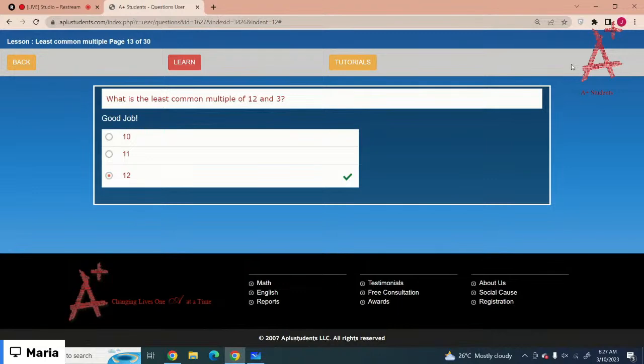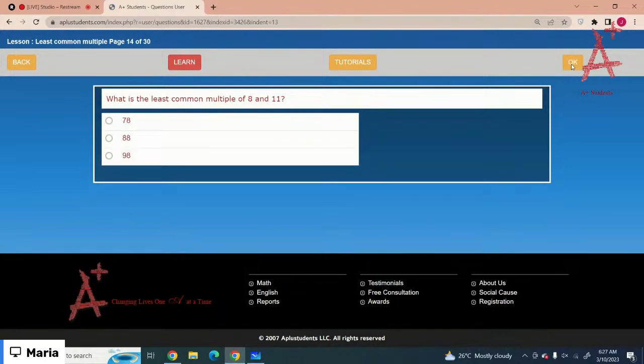Very good. What is the least common multiple of 8 and 11? The least common multiple of 8 and 11 is, yes, it is 88. Got it?